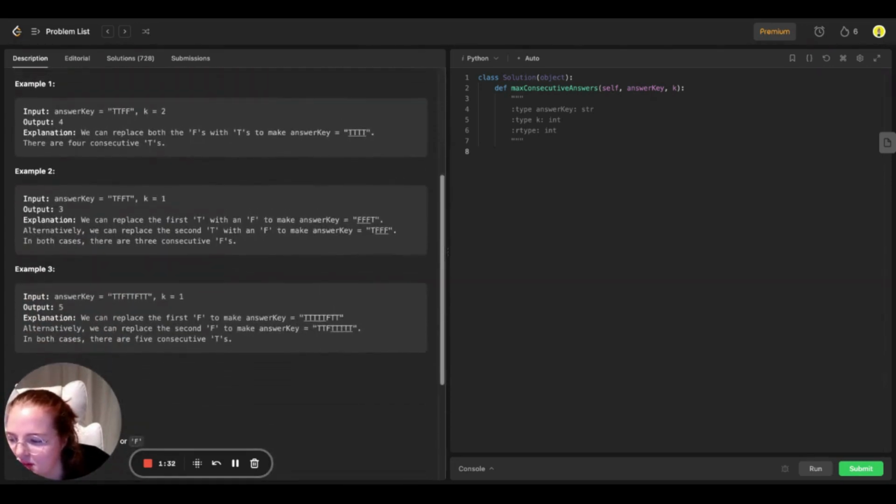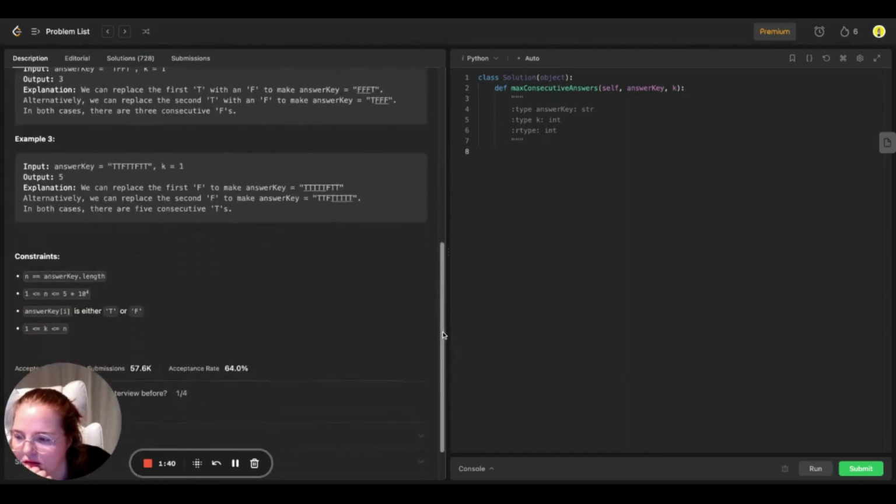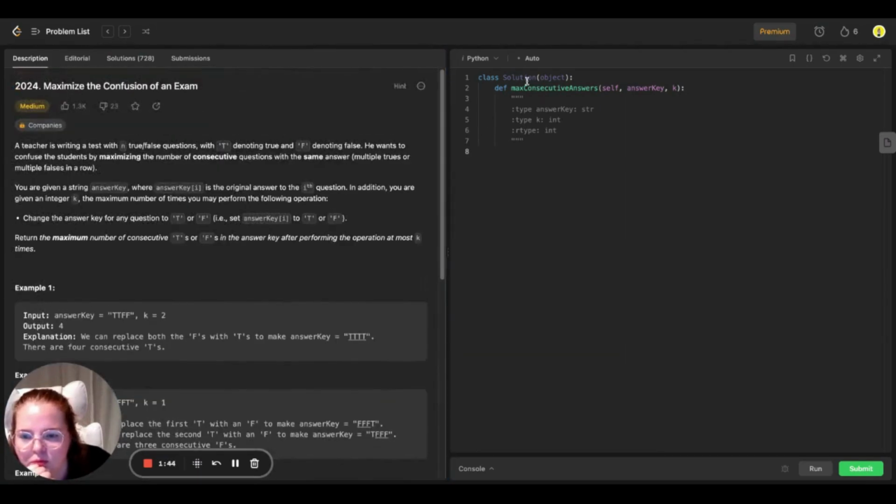So let's look at this example, or set of examples rather. Okay. So class Solution, max consecutive. So let's start with initializing some variables. I think that's going to be our best solution.